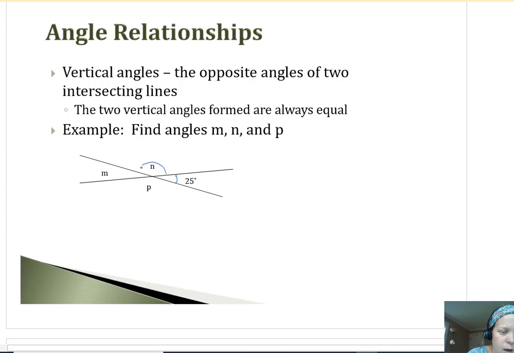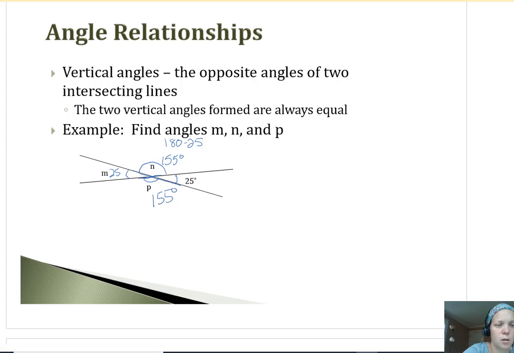I could figure out that N is going to be 180 minus 25, because that makes a straight line, 180. So 180 minus 25 is 155. Same idea with the m and the n, those should add up to 180. So 180 minus 155 goes back to 25. Same idea down here, p would be 155.